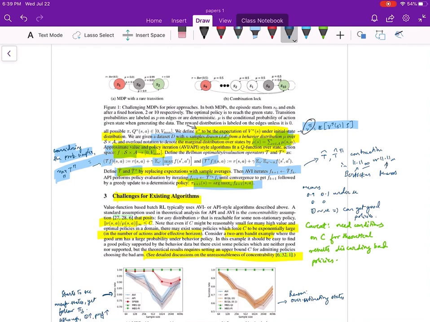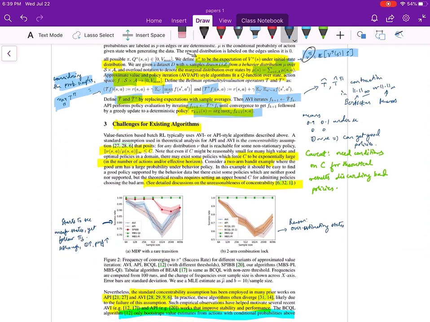Yeah, so let's go ahead with the challenges for existing algorithms. This is the section where they compare on specific MDPs with respect to other model algorithms. So let's see. Here, this is what I have been saying in this video: the ratio of the non-stationary policy and the dataset policy is upper bounded by a constant c.